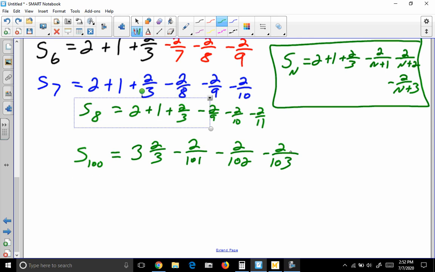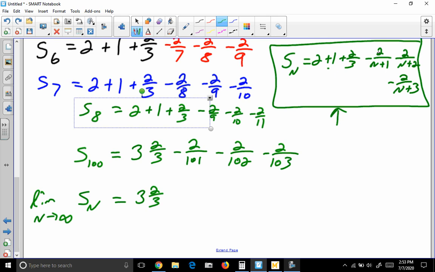Now notice these terms are getting closer and closer to 0. So the sum of our series is what happens when we let our nth partial sum go to infinity, when we let n go to infinity. So if we look at our formula here, if we let n go to infinity, we keep the 2. The limit of any constant is a constant. We keep the 1 and we keep the 2/3.